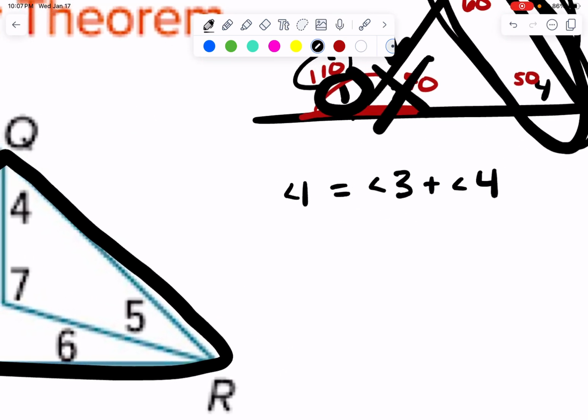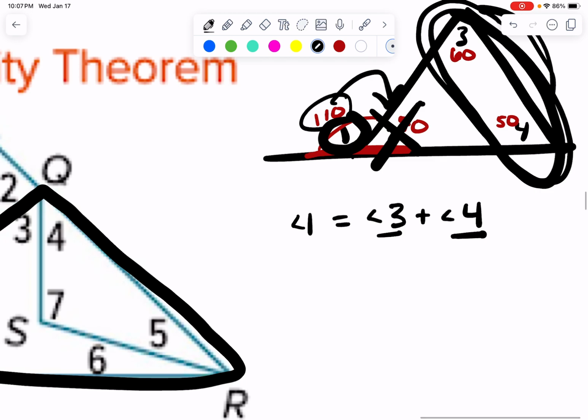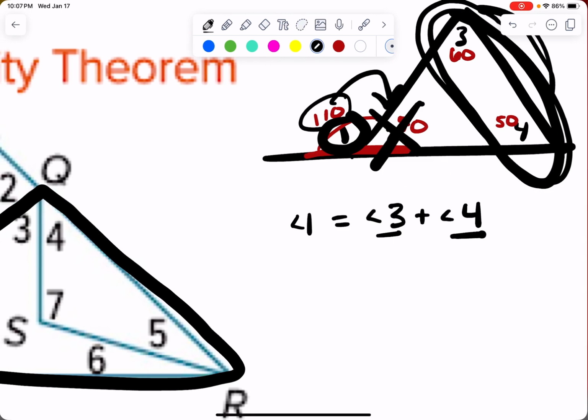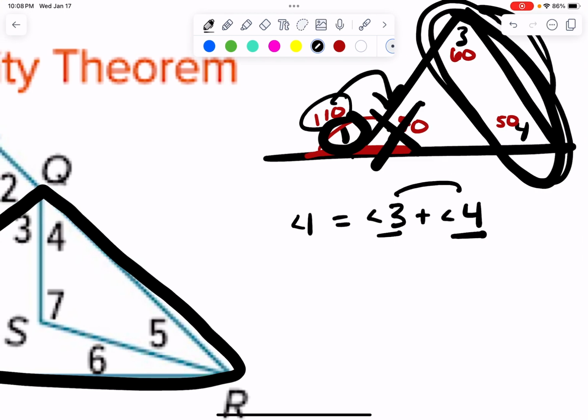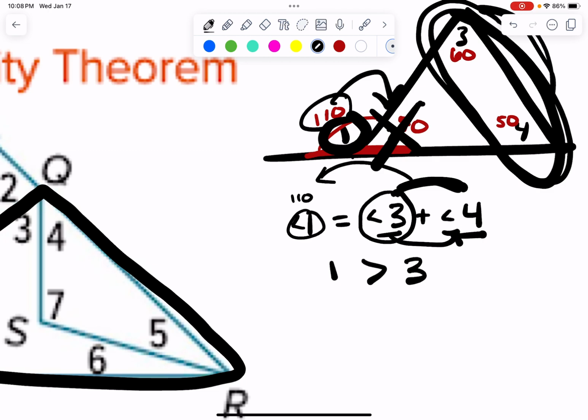Now, here's the deal. If 3 and 4 have to add together to make what angle 1 is, then that means angle 1 by itself is bigger than angle 3, right? If this is 110 degrees and these two have to add together to make up 110, then angle 3 has to be smaller than 110, because it needs angle 4 to add to it to get how big angle 1 is.